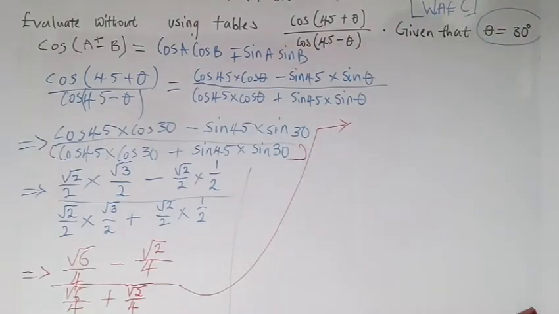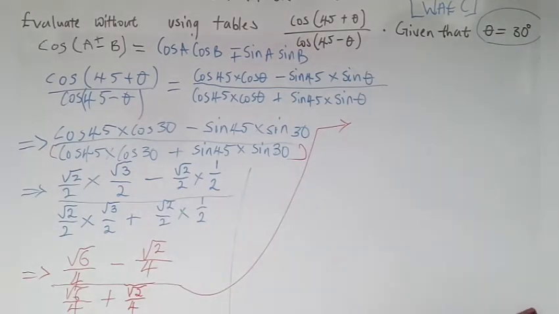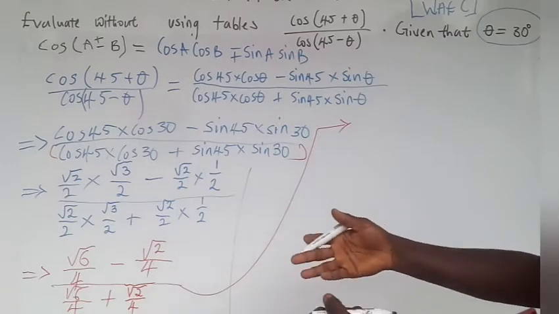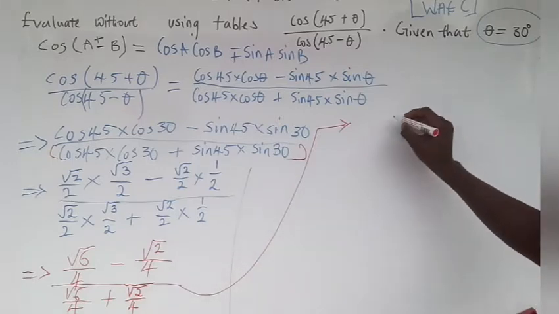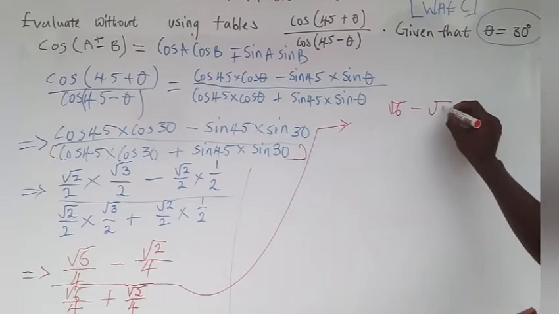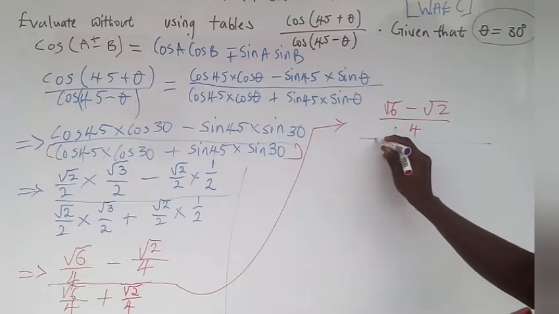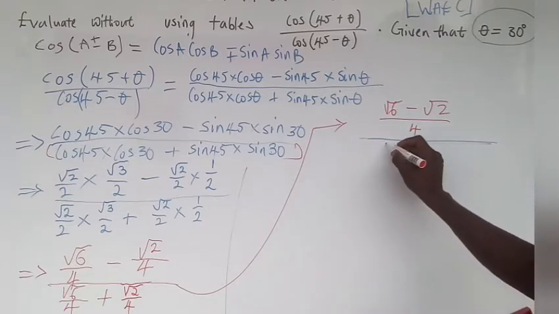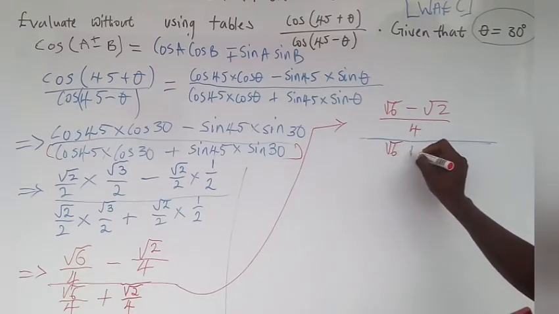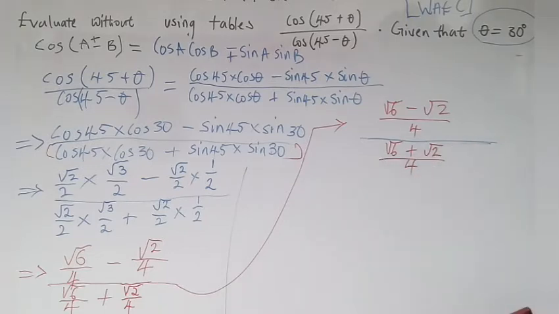Let's continue. So I would say here, let's take the LCM of the denominator and numerator. We have root 6 minus root 2 all over root 6 plus root 2 over 4.